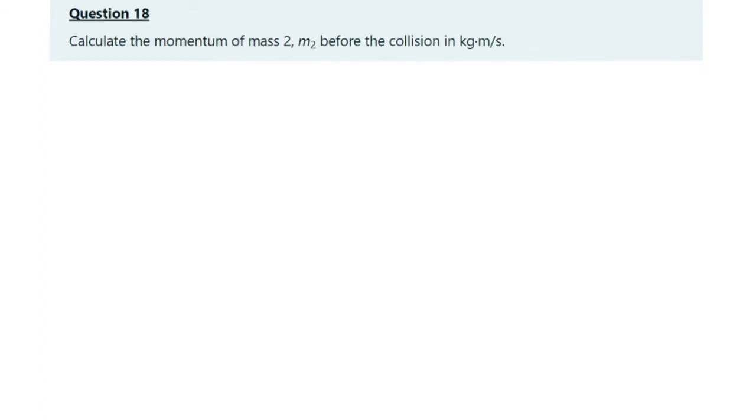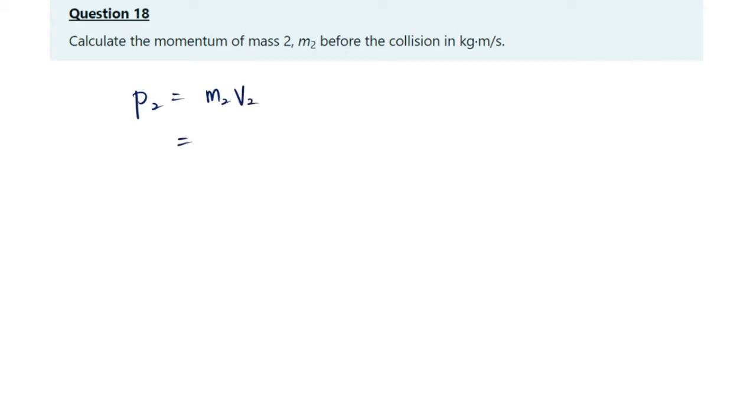So now we're going to take a look at the following question. Calculate the momentum of mass 2 before the collision. So again, we're going to be using this formula. p2 is equal to m2 multiplied with v2. So we're going to substitute.